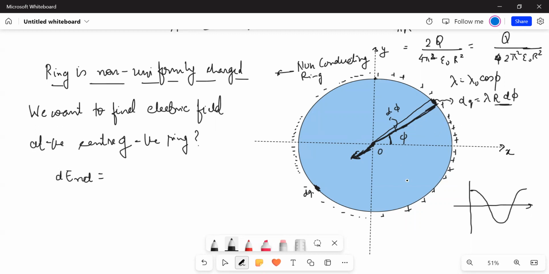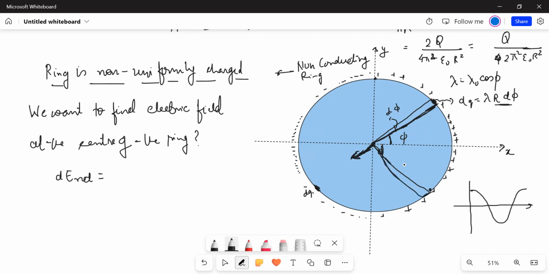Second, if I take another charge from here, what will happen? Or otherwise, if I take another, for example, phi from here, and then again small d phi from here.